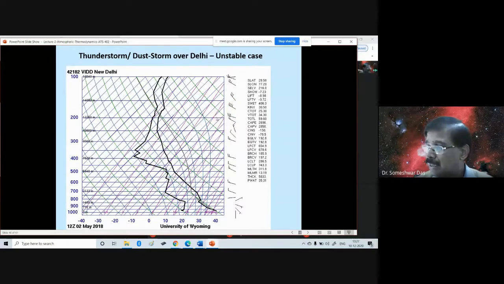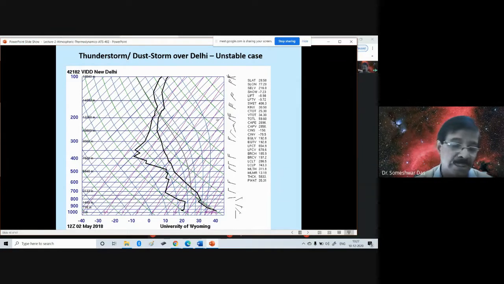And do you know the conversion between knots and meter per second? Knots is actually nautical miles, and this unit is generally used by navigators on the ocean. In old days, when ship captains used to sail on the ocean, they used this unit, nautical miles. From that day onwards, this tradition started and remained until today.